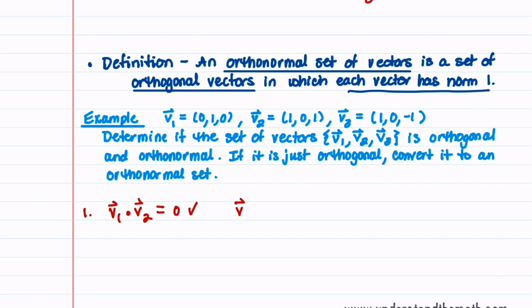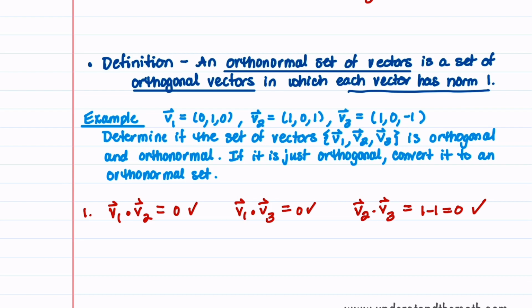And then V1 dotted with V3 is going to be a 0, and then a 0, and another 0, so that's good. And then lastly, V2 dotted with V3, we get a 1, a 0, and a minus 1, so that's also equal to 0. Great. So our set of vectors is orthogonal.